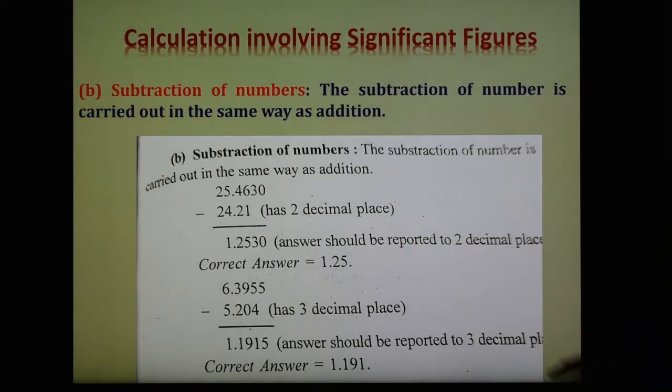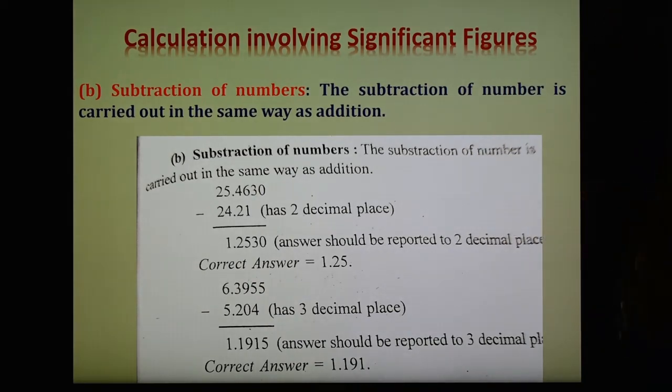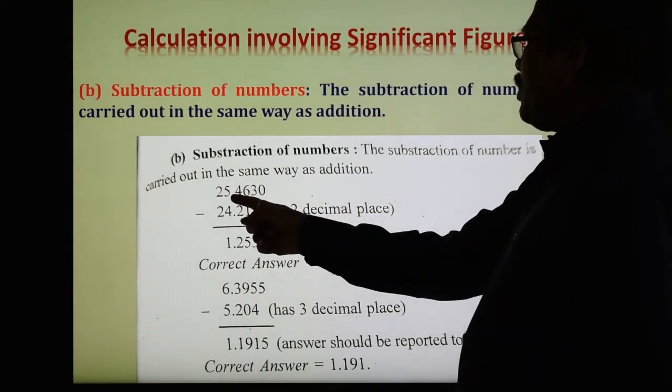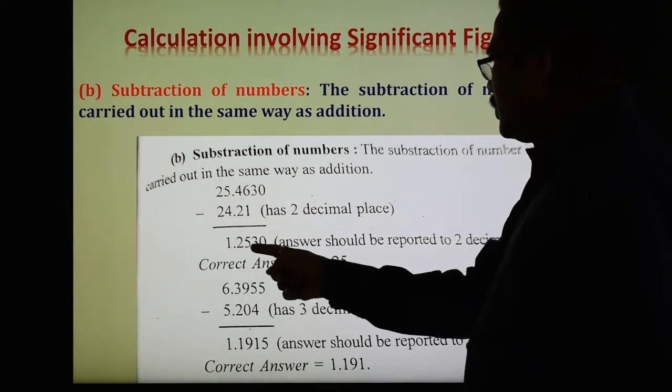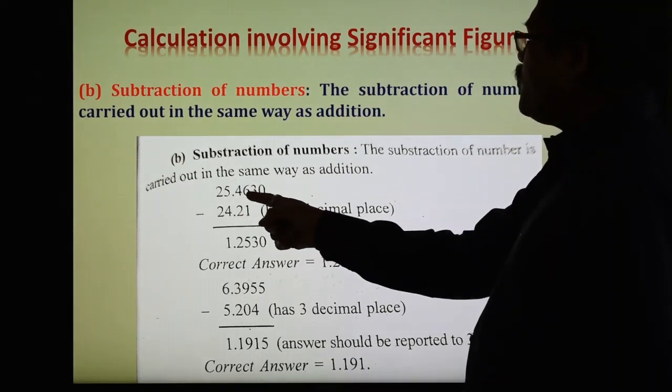Now B, subtraction of numbers. Subtraction is carried out in the same way as we did in the case of addition. If you take these two numbers, 25.4630 minus 24.21, out of these two, one has 2 decimal places and the other has 4 decimal places.